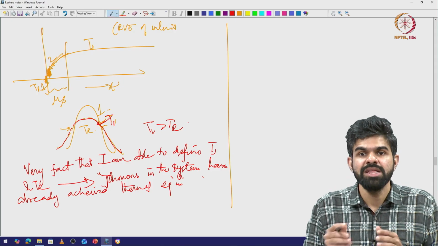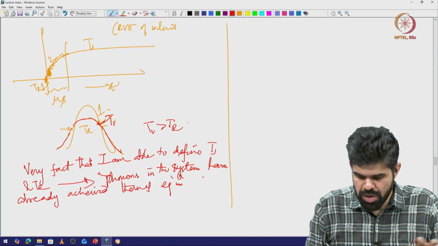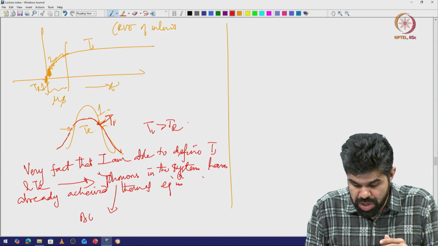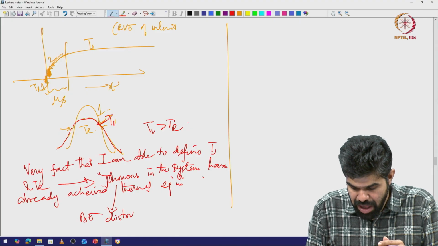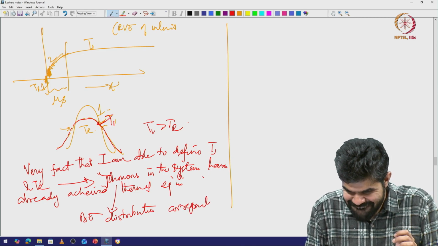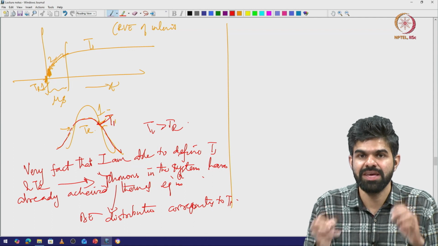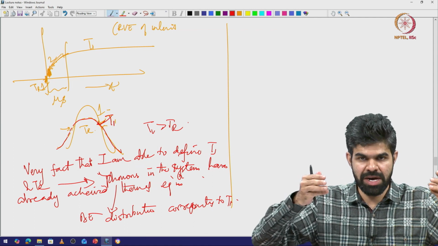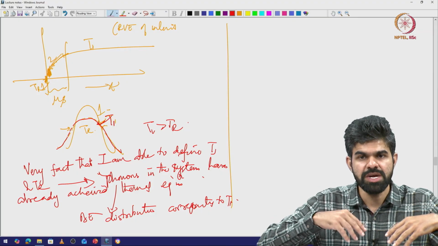What does that mean? That means the phonon distribution or the gas molecule distribution has already achieved the Bose-Einstein distribution corresponding to T1, right. Initially the Bose-Einstein distribution was corresponding to Tr, room temperature.